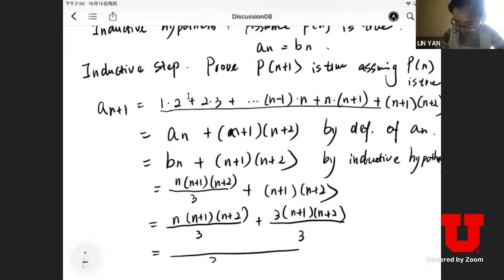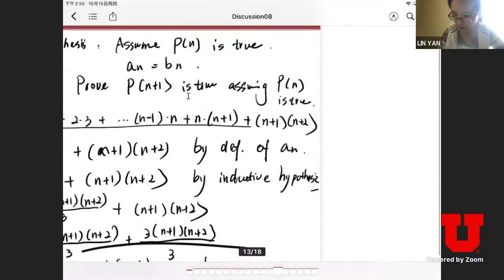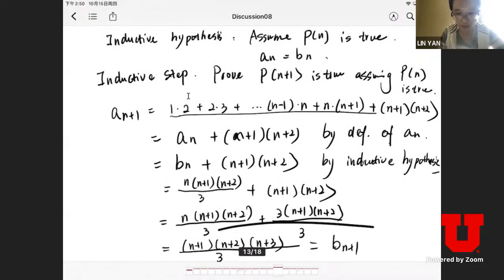Then this one is equal to Bn plus 1. Now we have proved that. Then we will say that we have proved An plus 1 is equal to Bn plus 1 when we assume Pn is true. So we have proved the original statement is true.